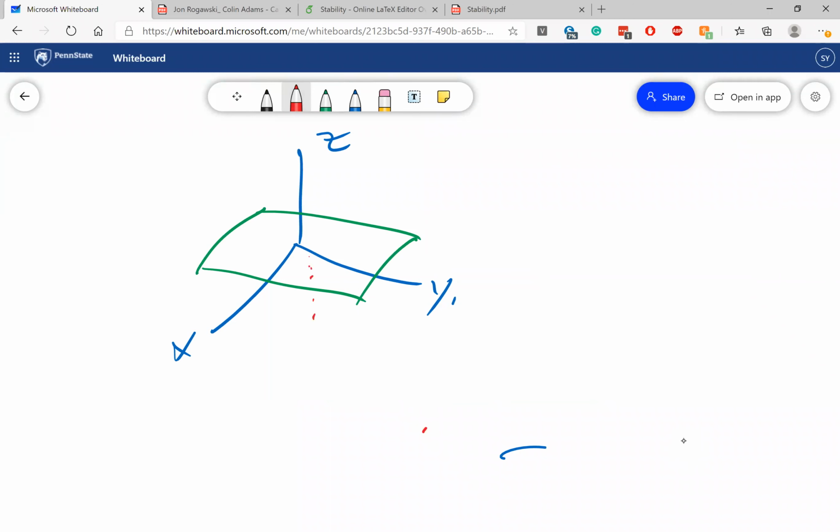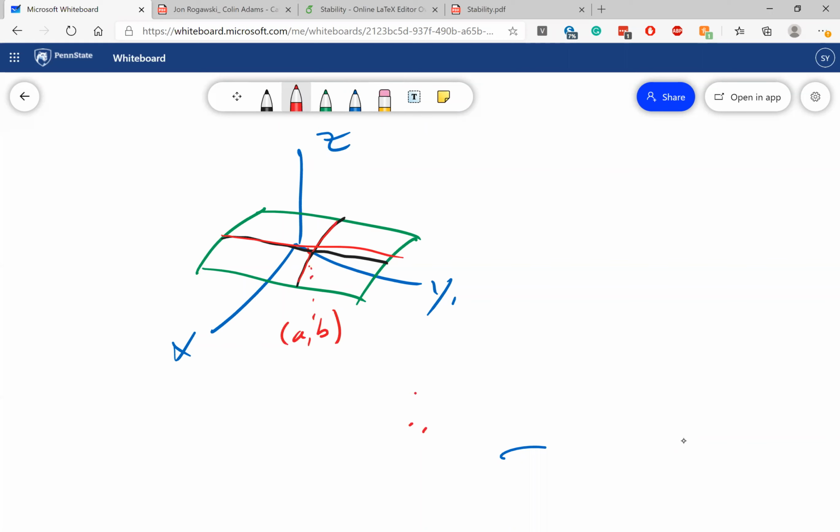So here's the point, and it's the point (a, b). So we can think about this line, and this line, and then we can have two tangent lines to the surface. At this point, we have this line, which is tangent, and that line, which is tangent.